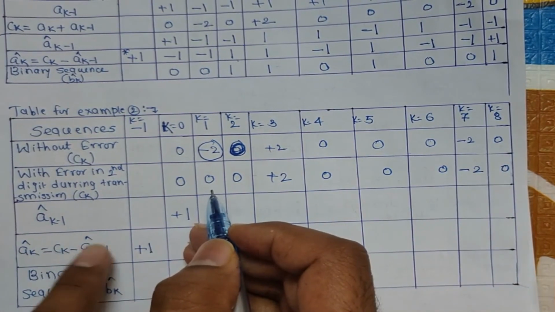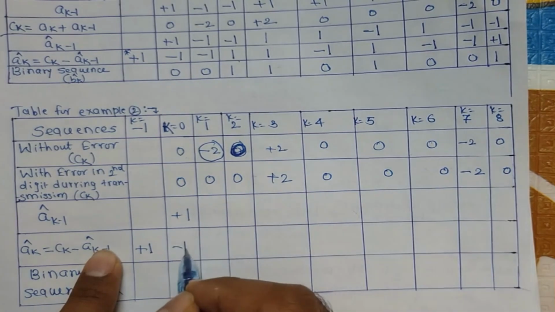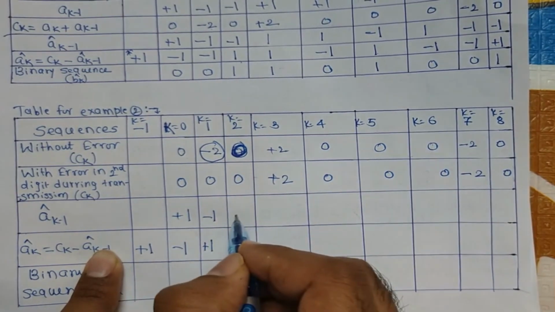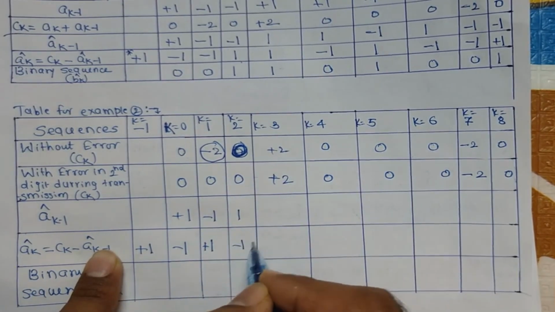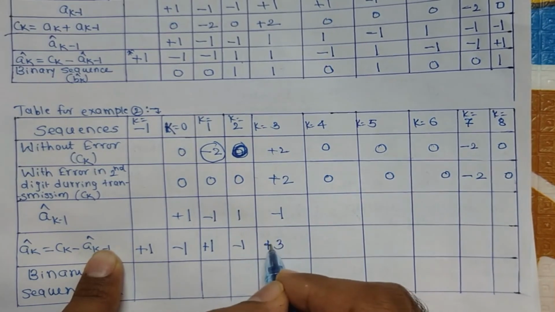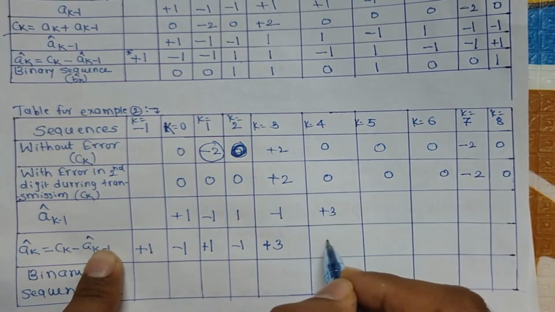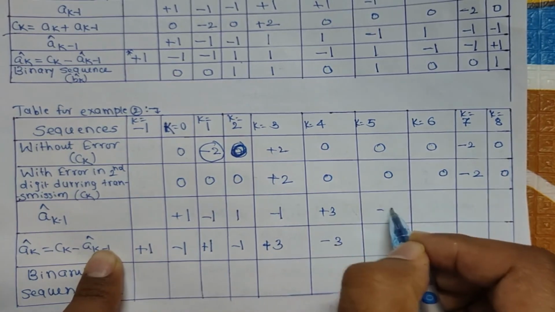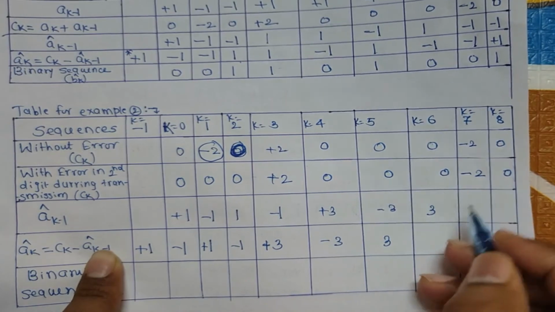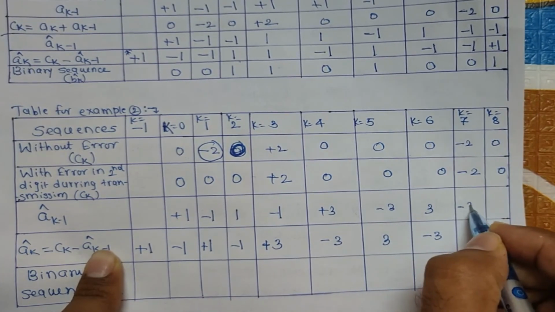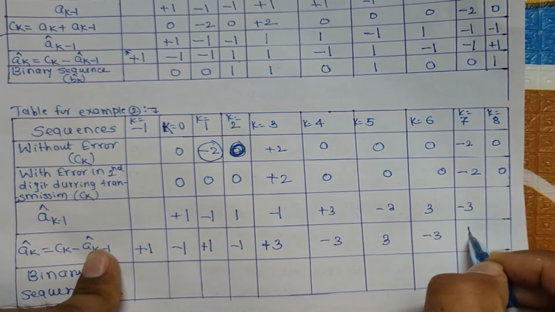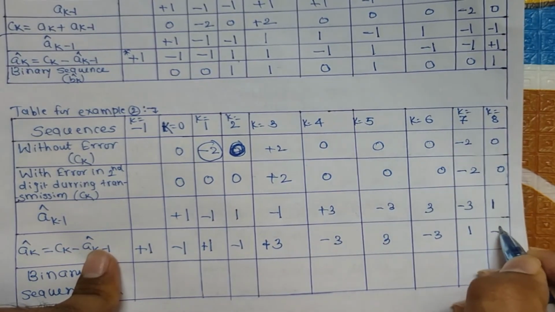Now let me take the subtraction. 0 minus 1 is minus 1. 0 minus minus 1 is plus 1. 0 minus 1 is minus 1. 2 plus 1 is plus 3. 0 minus 3 is minus 3. 0 minus minus 3 is plus 3. 0 minus 3 is minus 3. Minus 2 minus minus 3 is 1. 0 minus 1 is minus 1.